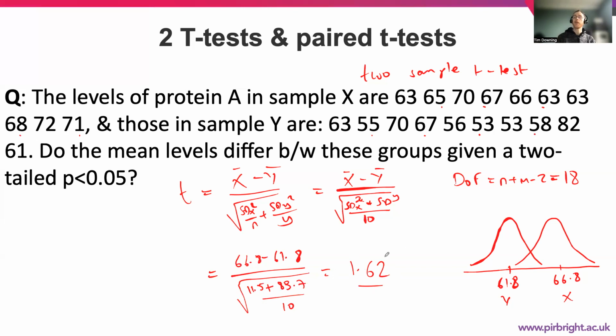And what we can see straight away is that because the t-value here is less than 2, it's likely that our p-value is going to be greater than 0.05 at least. That gives us a sense of the percentile difference between these different groups. If we look at it in practice, we'll be able to work that out with R Studio.